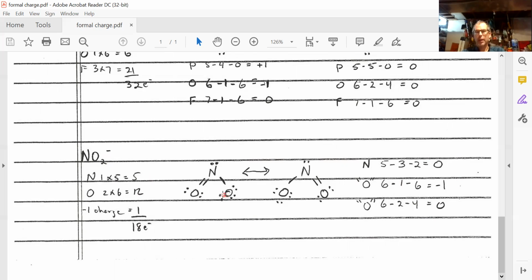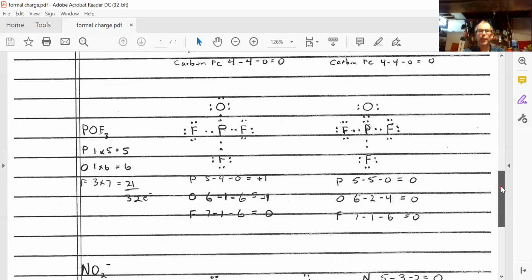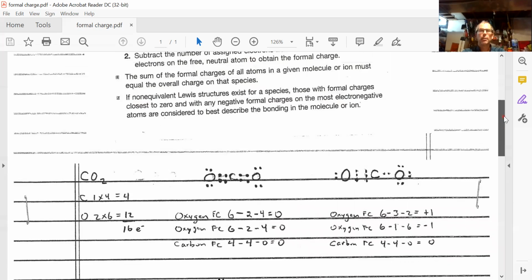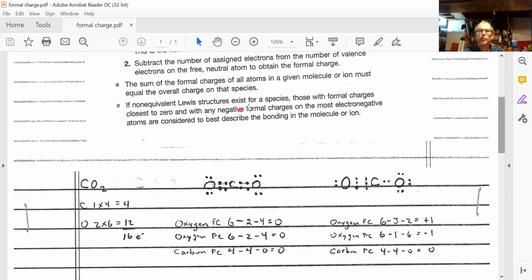Now the thing I'm looking at in this structure is this last rule, and the last rule states, if non-equivalent Lewis structures exist for a species, those with the formal charge as close to 0, and with any negative formal charge on the most electronegative atoms, are considered to best describe the bonding of the molecule or ion.